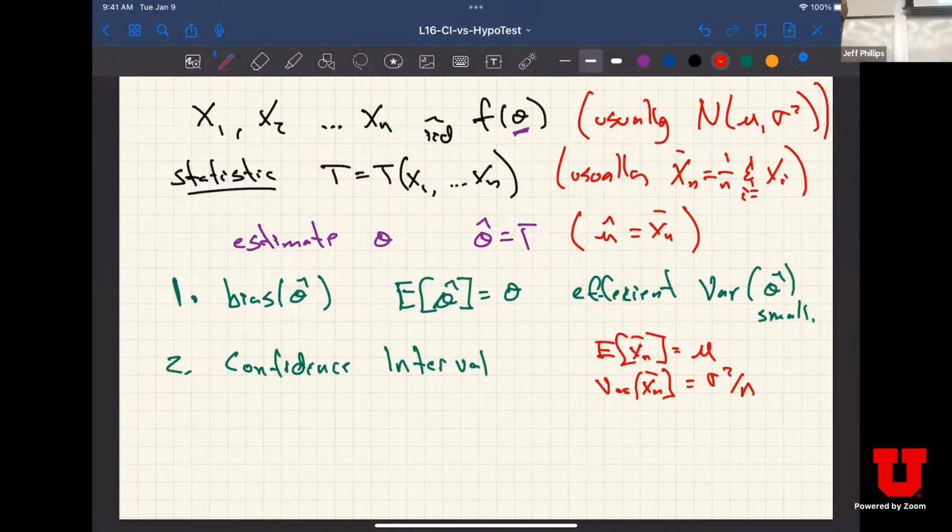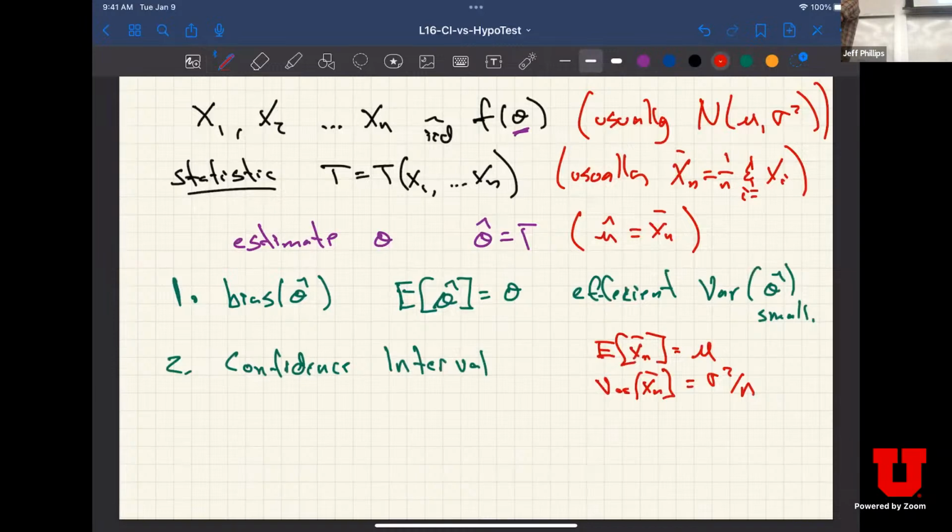With the confidence interval, what we were doing is saying, well, we have this estimator, but what's the probability that it's close to the true value? Instead of just saying in expectation it's close, what's the probability it's close?